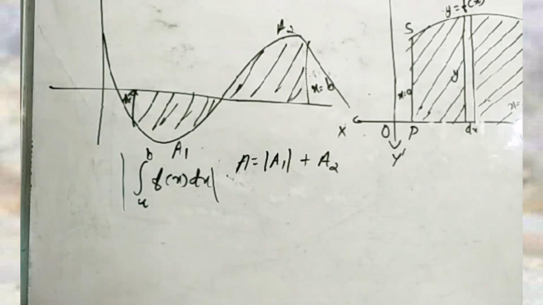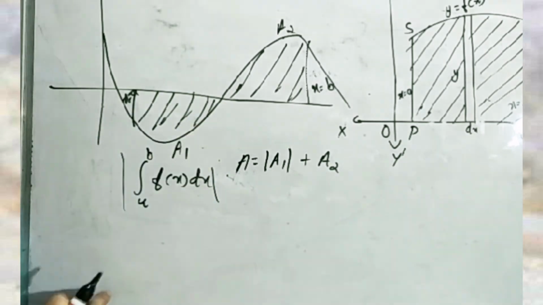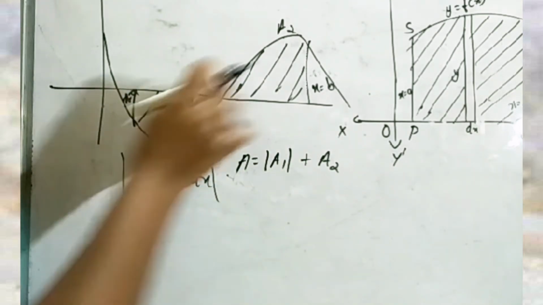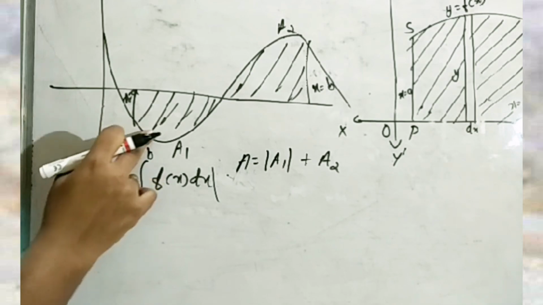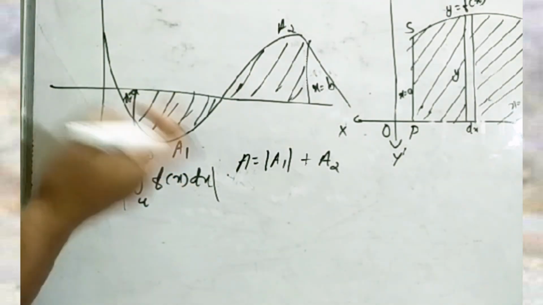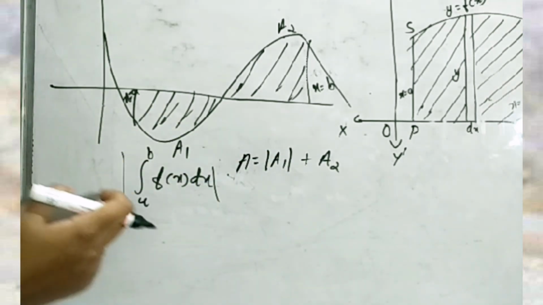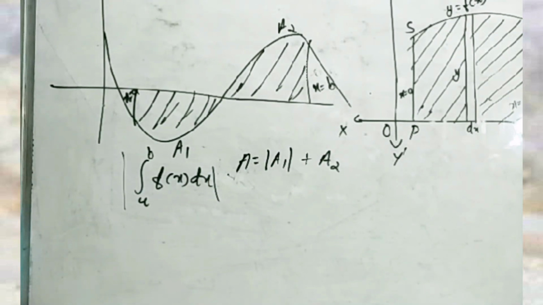And the second one is the combination of those two. One portion lies below the x-axis and one portion lies above the x-axis. Then the sum of these two areas will give the area of that entire portion. So the first one, A1, is the area corresponding to the portion which lies below the x-axis. In that case, you need to take the absolute value, plus A2, will give the area of that shaded portion.